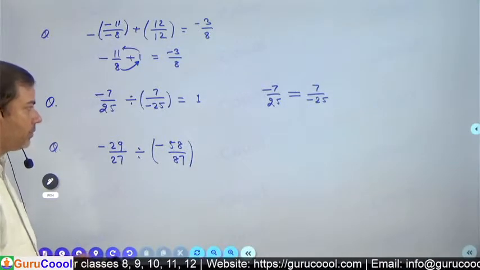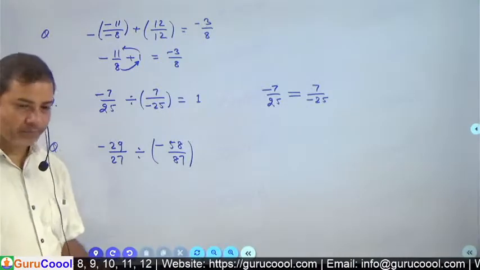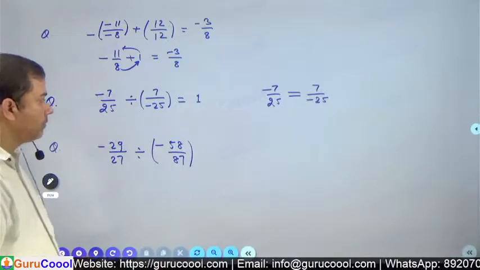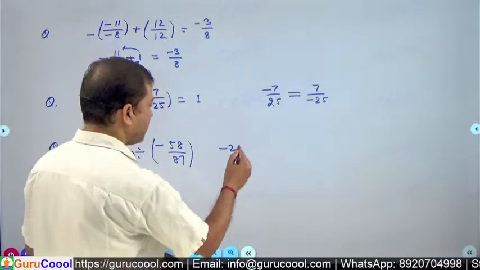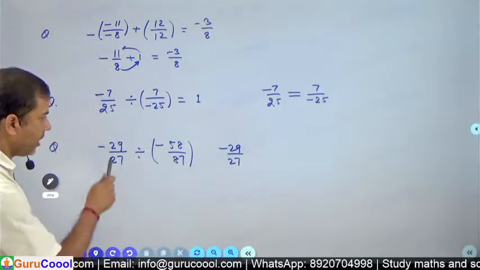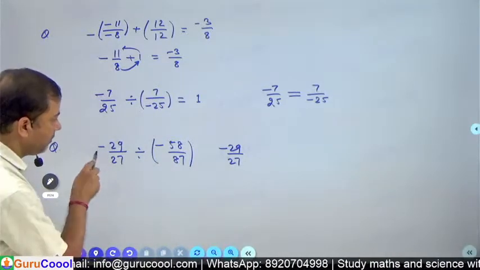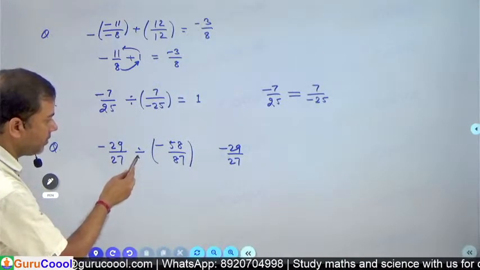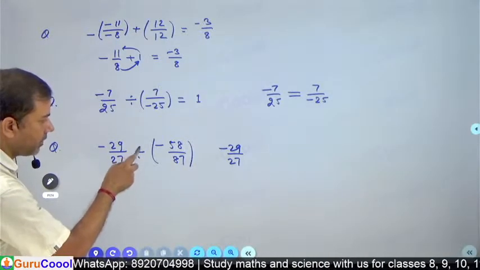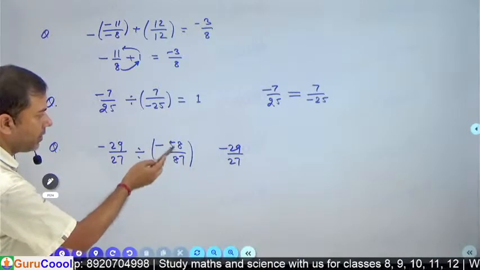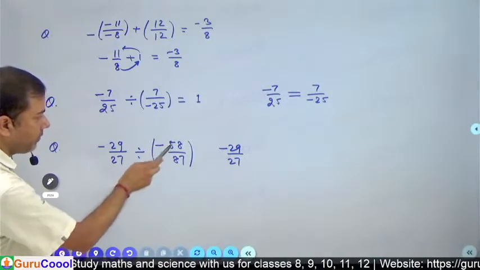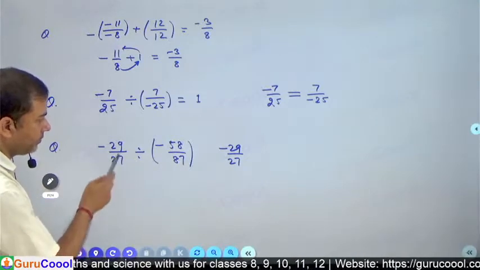What's your answer? Sir, minus 29 by 27. You said minus 29 by 27. Yes, sir. Actually, both of them are negative, but since it is division, so we will multiply sign. We will change it to multiply sign, and this one will be reciprocal, right? 87 will go in numerator, 58 will come in denominator.